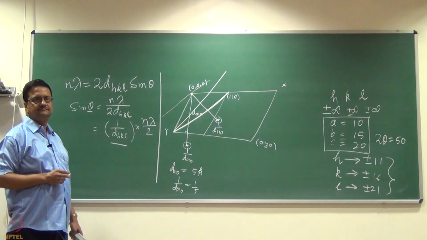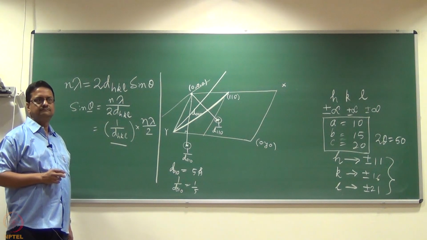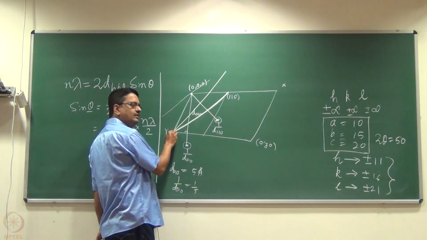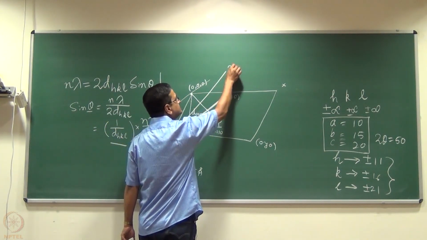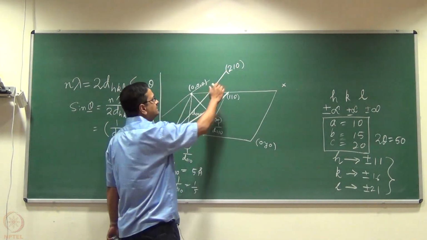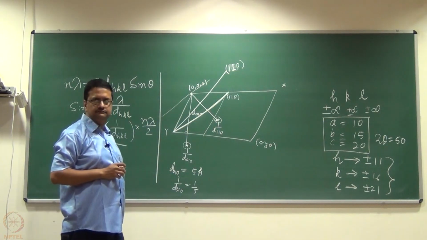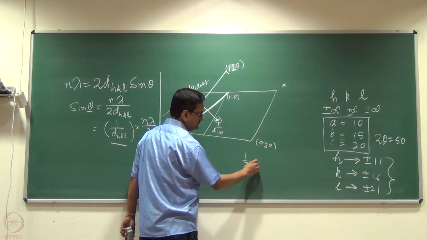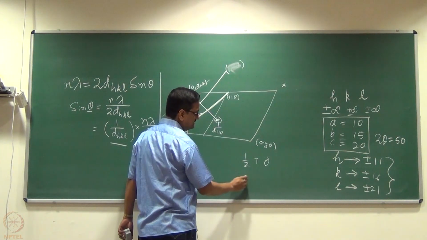What about this plane? This cuts x at half, y at 1, parallel to z. So it is 210. Sorry, this is not 120, this is 210.